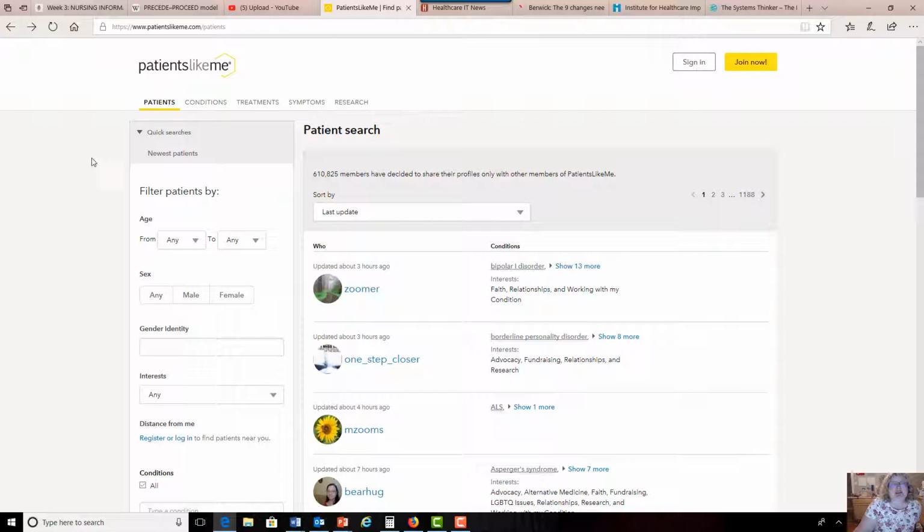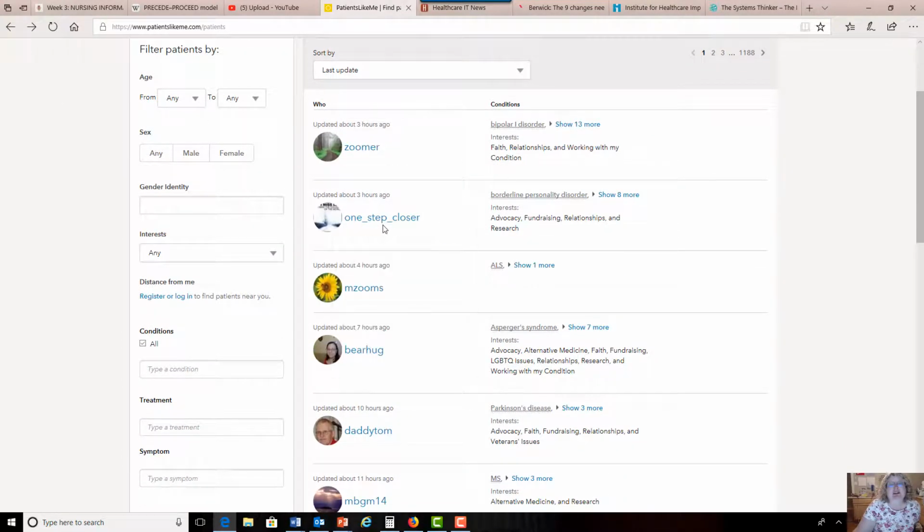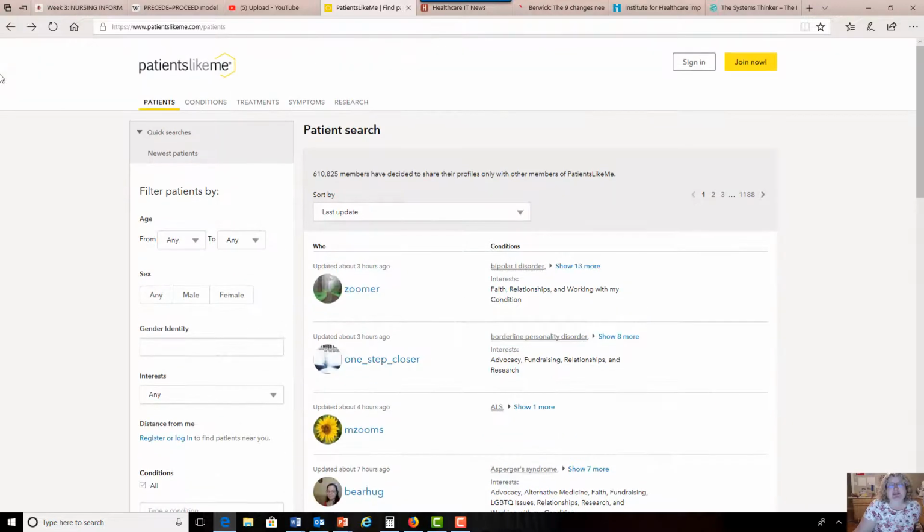Remind patients to always be kind and polite on these sites, and if they're angry or upset, not to make a post until they calm down. And then you need to evaluate content that's posted by others.